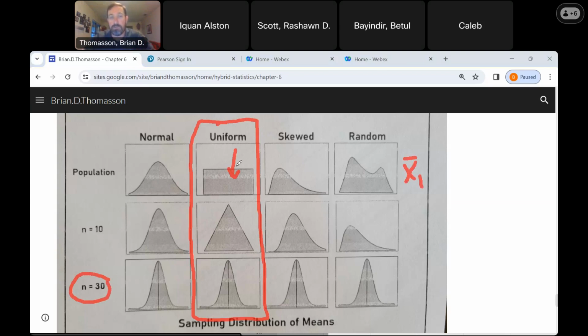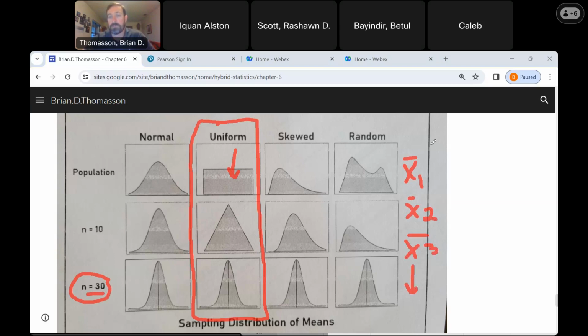Then we go to that uniform distribution again, and we sample another 30 values. We find the mean. Okay, so now we have the mean of the second group. And then we take another 30 values from that uniform distribution. We find the mean of the third group. And we keep doing that again and again and again.